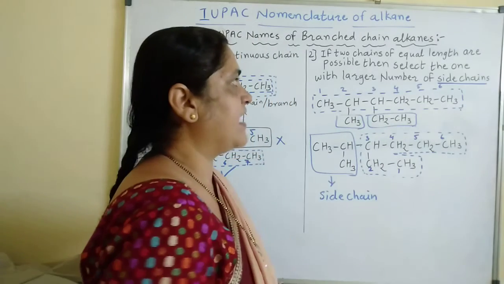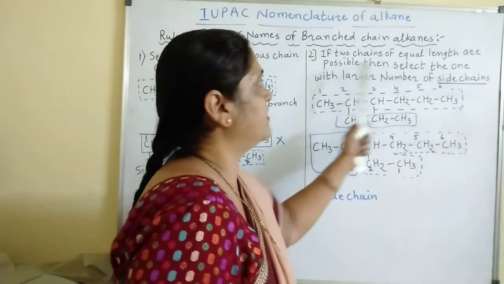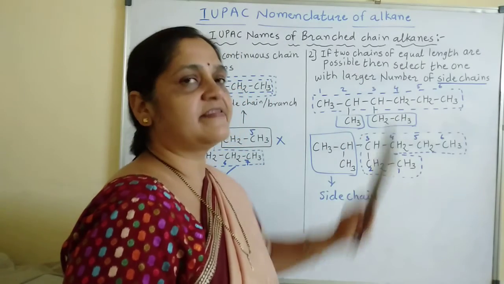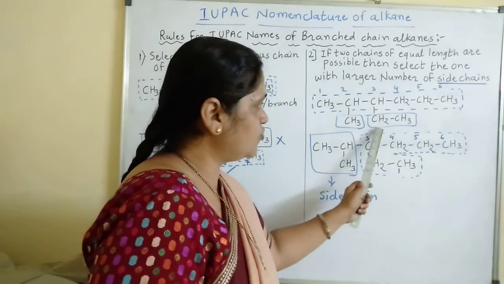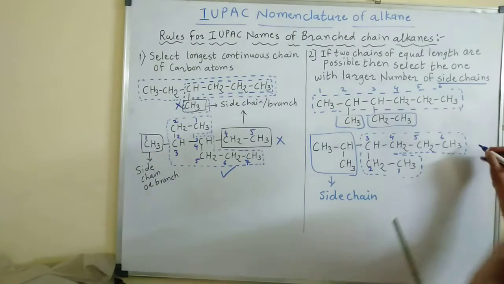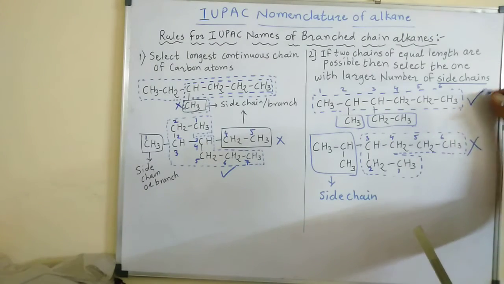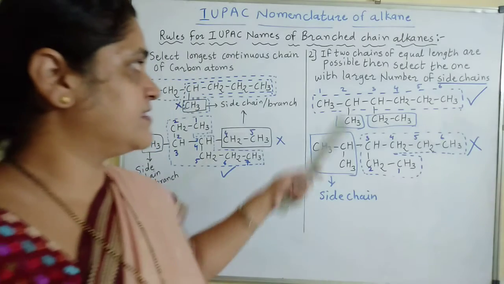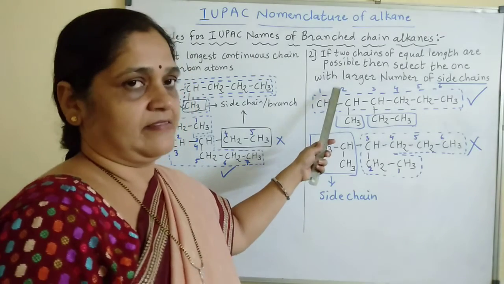This rule says that if 2 chains of equal length are possible, then select the one with the larger number of side chains. So here I am getting 2 side chains, and here I am getting 1 side chain. Therefore, this selection is wrong and this is right. In this way, we are going to select the carbon chain.